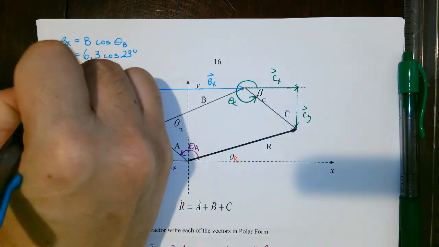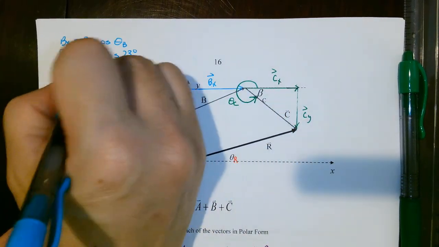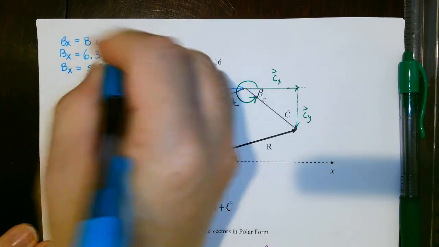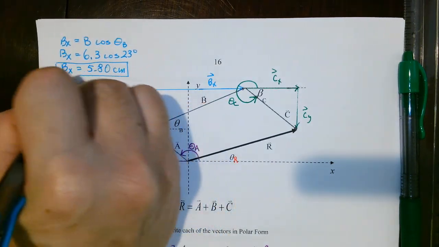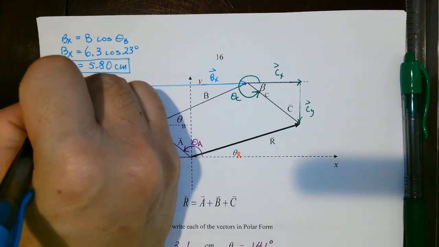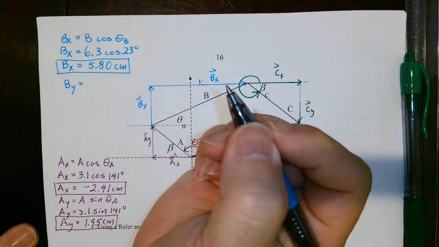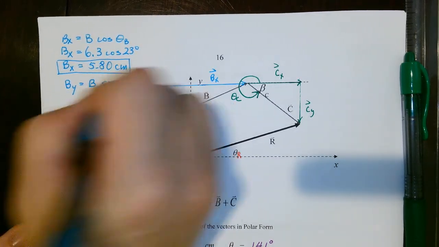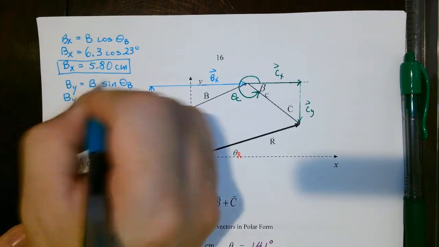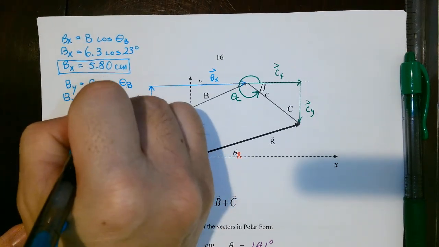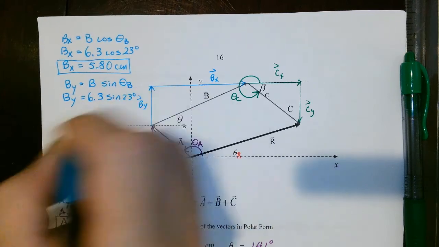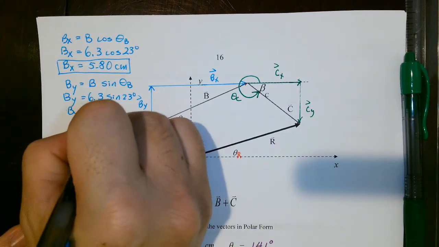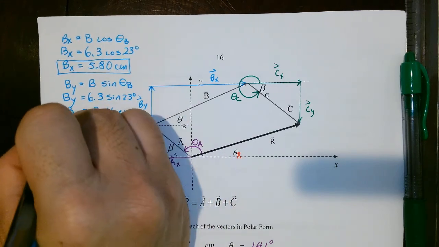So for my BX, I get 5.8 centimeters. My BY is equal to B times sine of theta B, and my BY then is equal to 6.3 times the sine of 23 degrees. So my BY is equal to 2.46 centimeters.